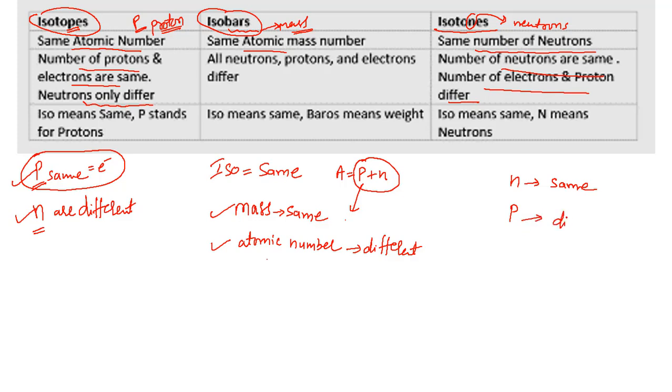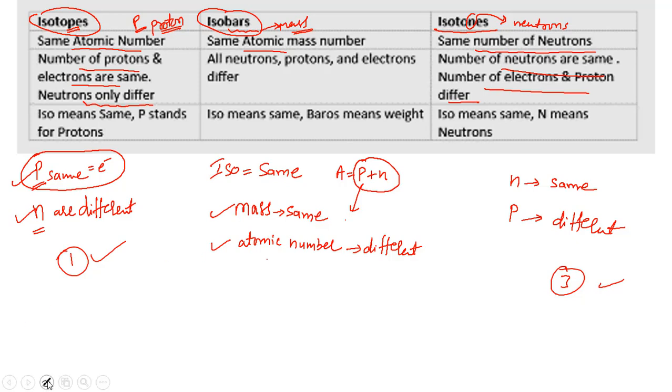See here, the first definition and the third definition are quite opposite. In isotopes P is same, N is different; here N is same, P is different. Isotope, isotone, and in between comes isobar. Bar means mass: same mass, different atomic number. Understood these three? It's clear.